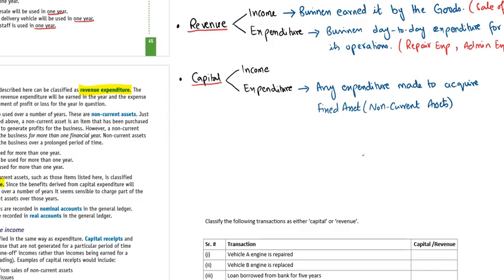For example, the business purchases a plant, or the business purchases a building.